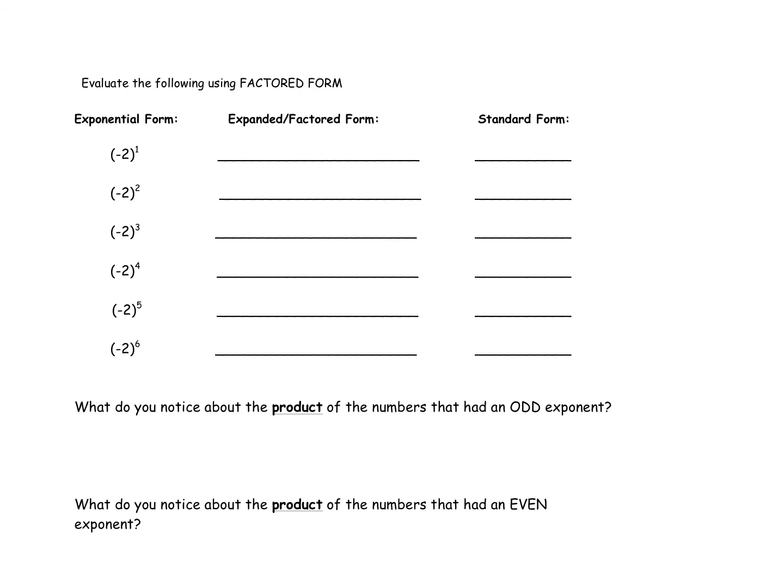So as we discussed earlier, when I have something raised to the first power, that's just like having just that number, so -2. And that standard form would be -2. Next, I'd have -2 times -2. So if you recall, a negative times a negative is a positive. So we're going to get a +4.